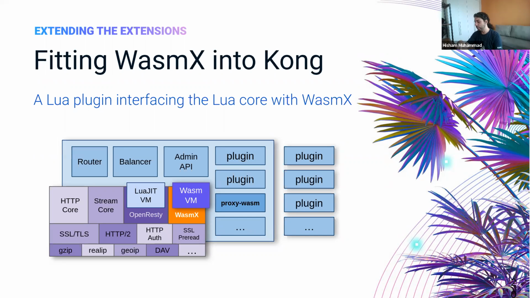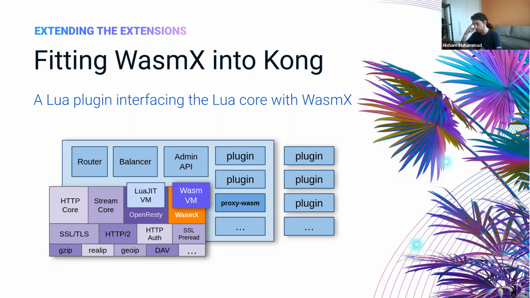There are really two ways about it: you either extend the Kong core to have that bridging, or you extend it via a plugin. For the tech preview, because it's the tech preview after all, and this is how we are first approaching and demonstrating the concept to you all, we are adding a Lua plugin that interfaces the Lua core with WasmX.